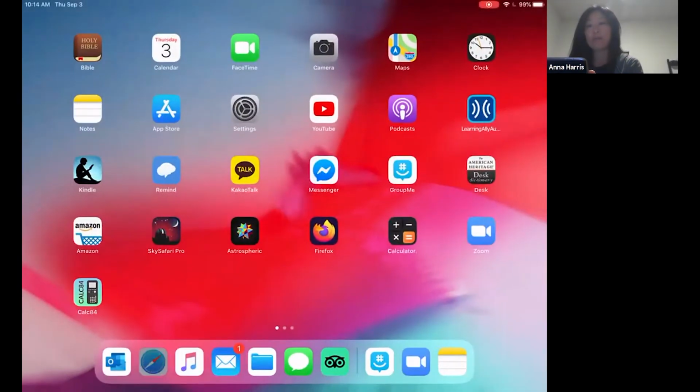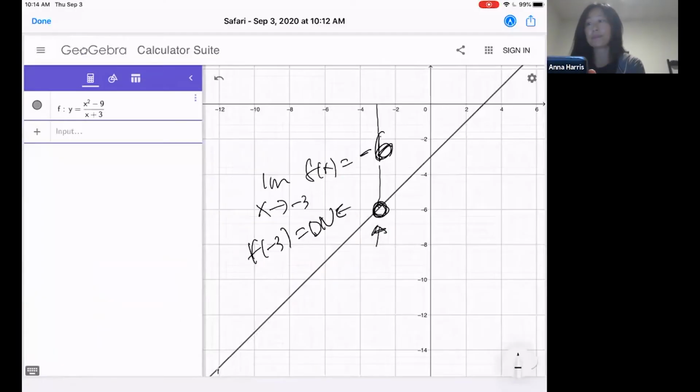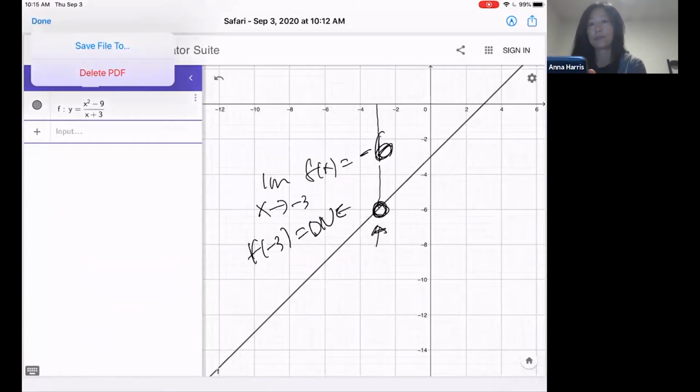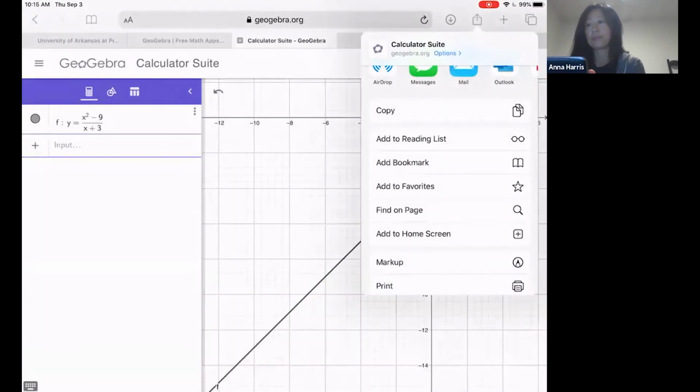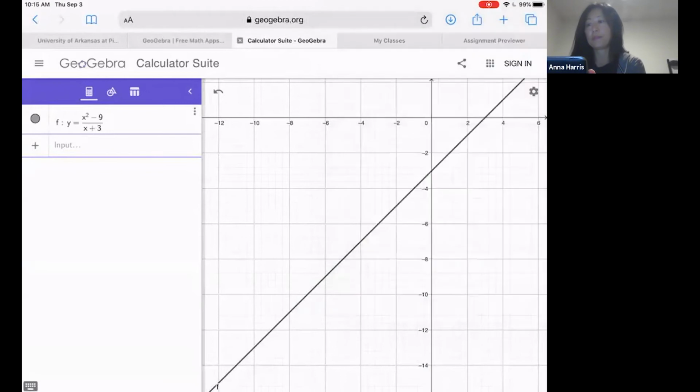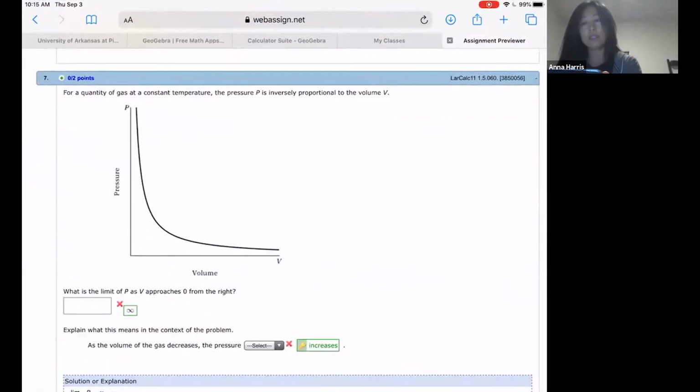All right, we can go back to our problem. Okay, number 7. For a quantity of gas at a constant temperature, the pressure P is inversely proportional to the volume V. So this is what your graph looks like.